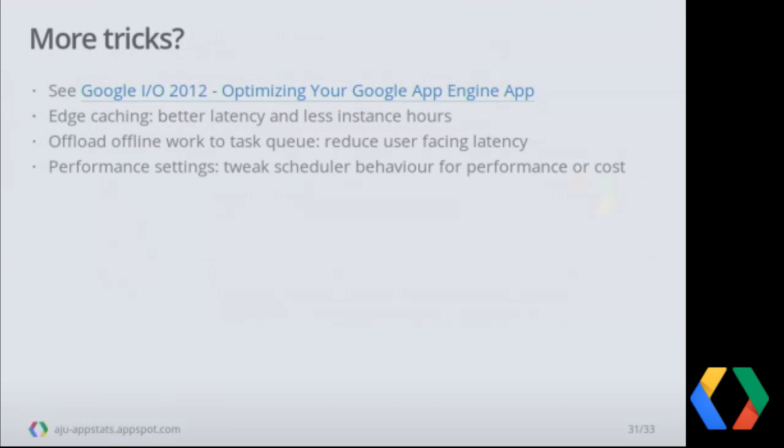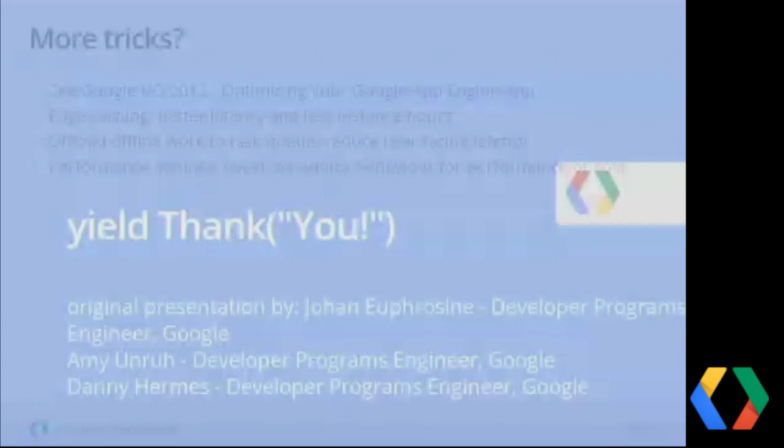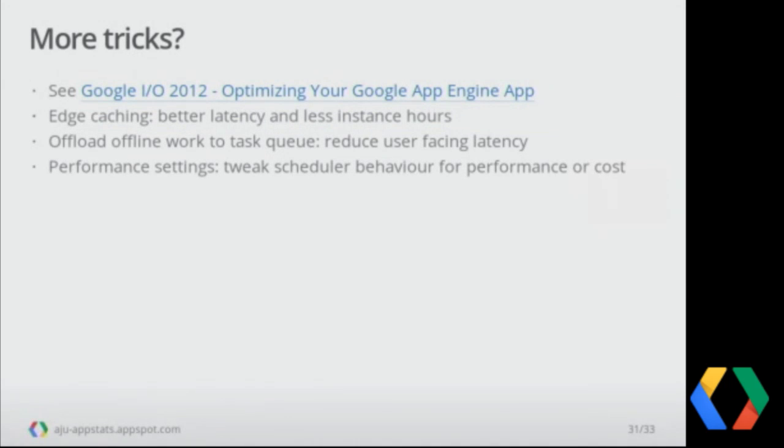Other things that we didn't have a chance to mention include making use of the task queue. You don't have to do everything synchronously with your user-facing requests. You can offload a lot of things.